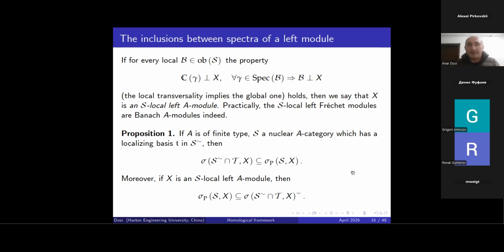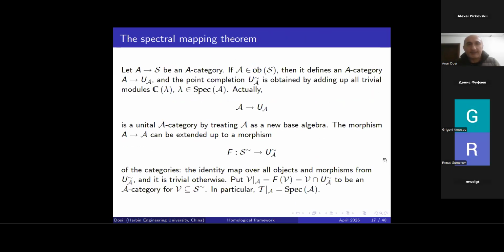That used to happen in reality in many examples. I show this property, but this is quite a general technical result. It tells you, look, we can compare them. Okay. Yes, now I wish to formulate a sort of spectral mapping theorem, again, in some sense.